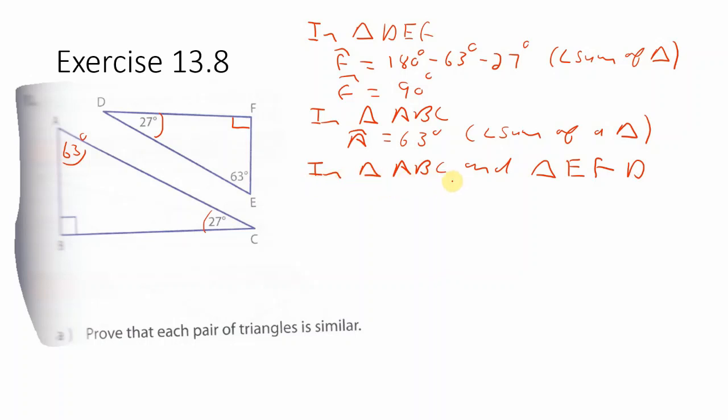So we have our introduction, now we have our body, which also has 3 parts. So firstly, we can say that angle C equals angle D. That was given to us. Secondly, we can say that angle B is equal to angle F, as shown previously.